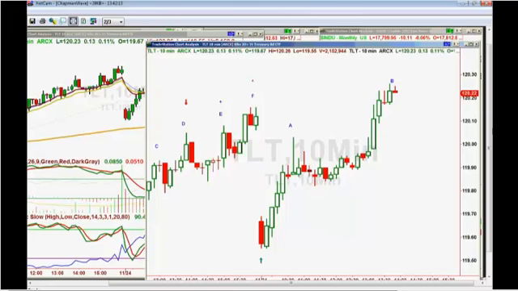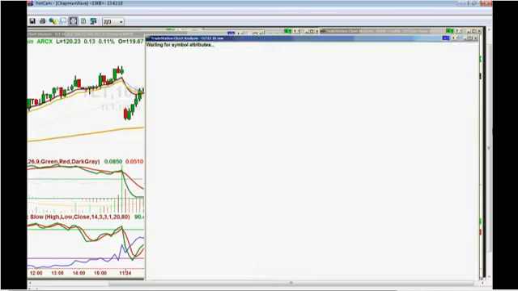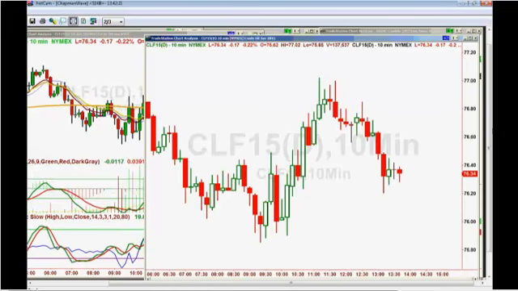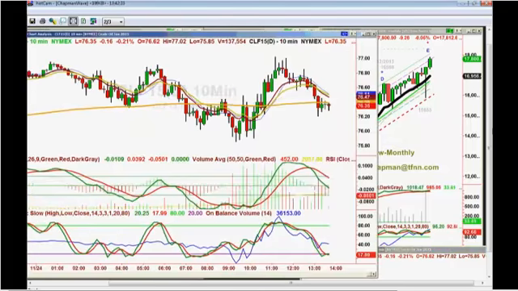Now, let's do this. I'm not sure if it's an F, but I'm going to go to the January contract of crude oil. Let's see what we can get here. It is an F contract. Now, every once in a while, in a 10-minute chart, you will get a failure pattern. So I have to be very strict.